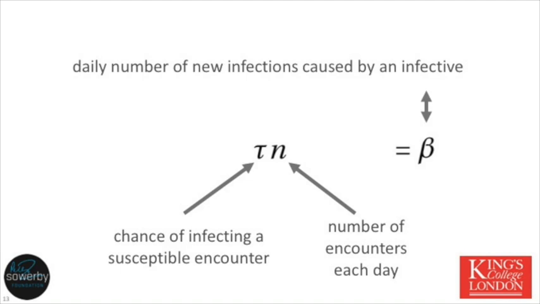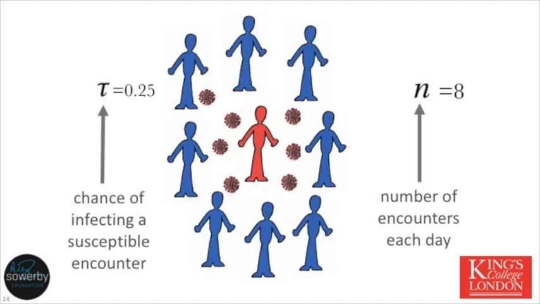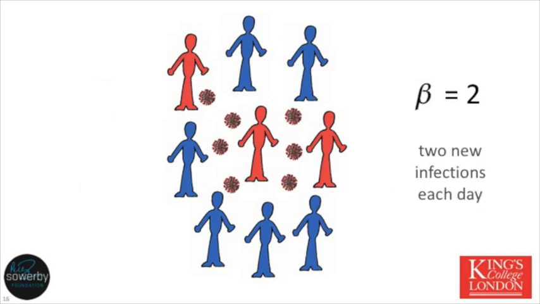So for example, if tau is 0.25, meaning that any encounter has a probability of a quarter of leading to a new infection, and N is 8, meaning that the infectious individual encounters 8 other susceptible people, then there will be 2 new infections that day, so beta equals 2.